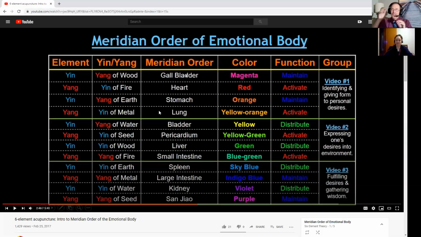So what we have in these first 4 steps is potential, gallbladder, being differentiated by the heart. Then we take that substance of how we can actually express that desire, and then we differentiate that through the lung. So it's a 2-step process of differentiation. Heart differentiates the desire, lung differentiates the form that desire will express through.